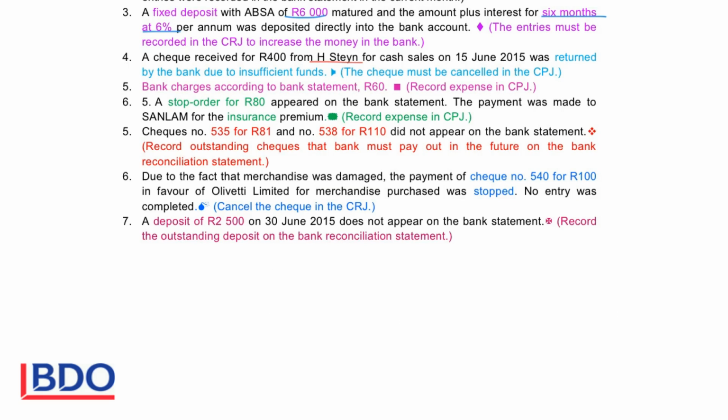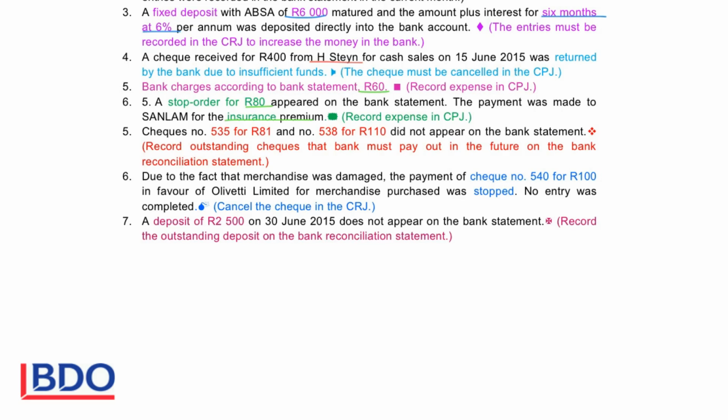Bank charges according to the bank statement is 60 Rand. So it's the expense that we have to pay to the bank. So we will have to record it in our cash payments journal. Then there was also a stop order for 80 Rand that appeared on the bank statement. The payment was made to Sanlam for insurance premium.